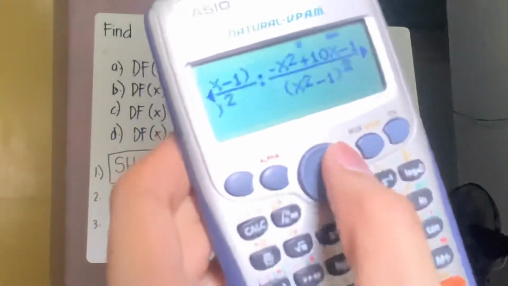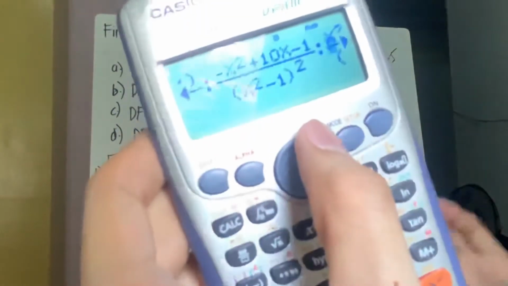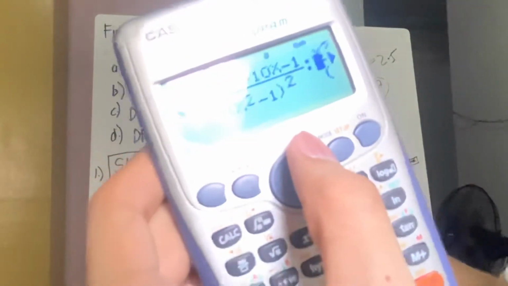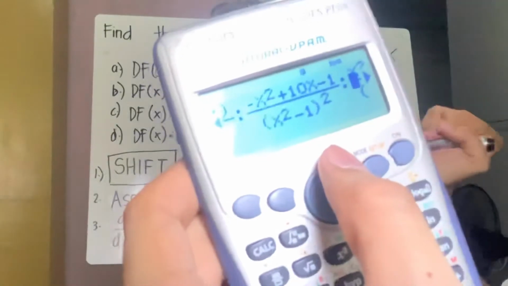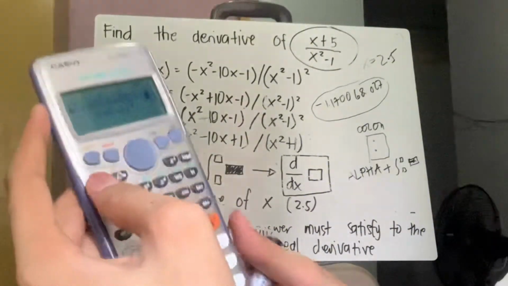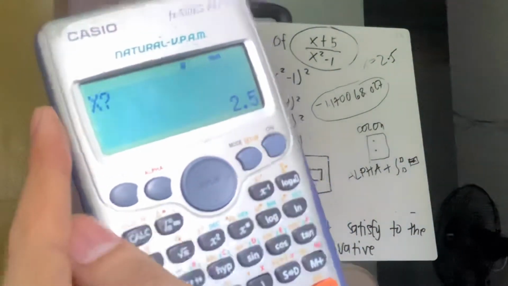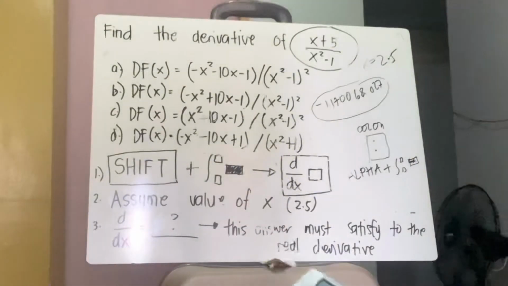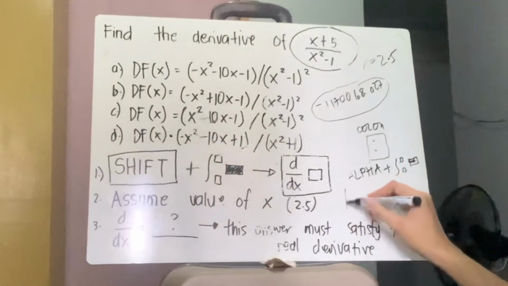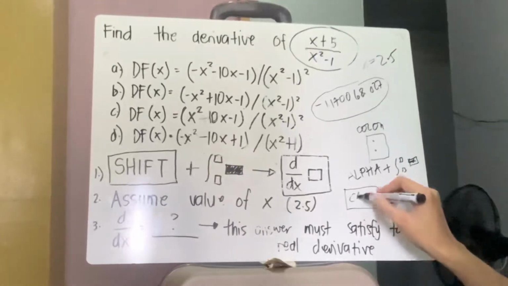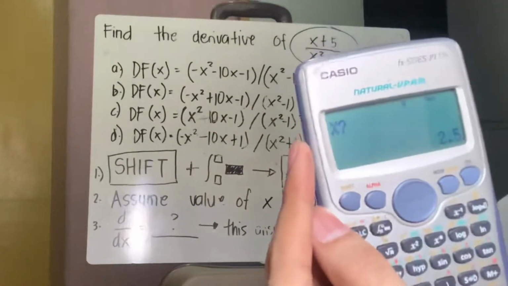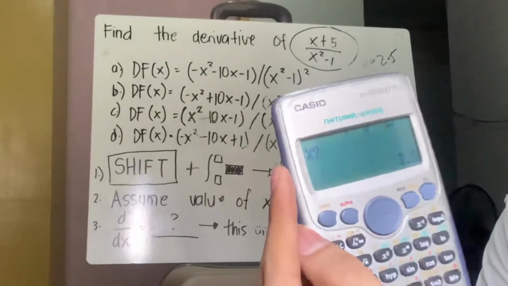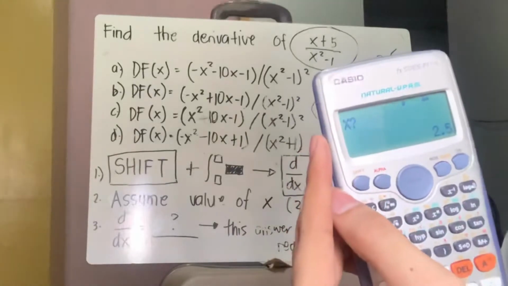So what we will do here is, after inputting letters A, B, C, since we did not input letter D, we will click this calc. Calc na. After you press calc, it is asking you what x we are going to assume, the value of x.